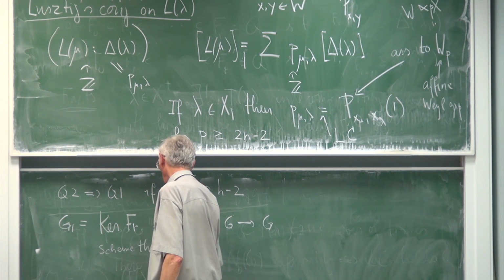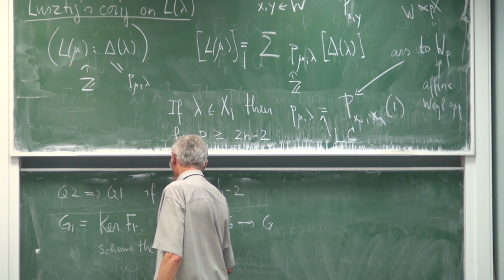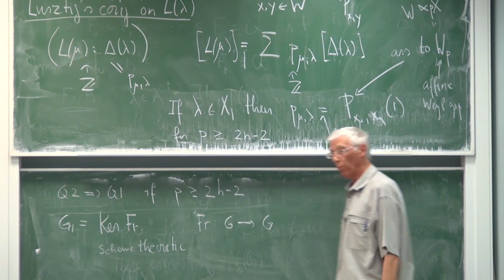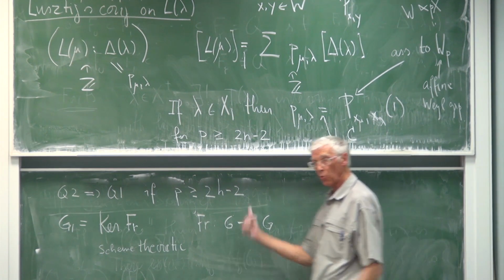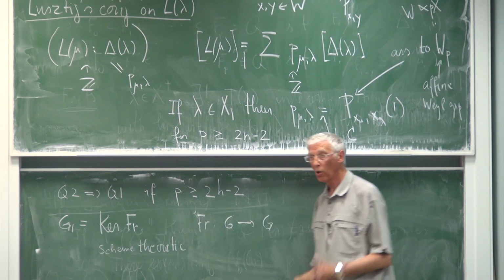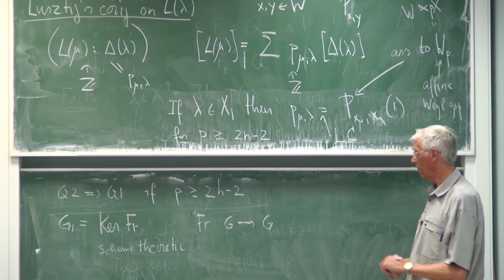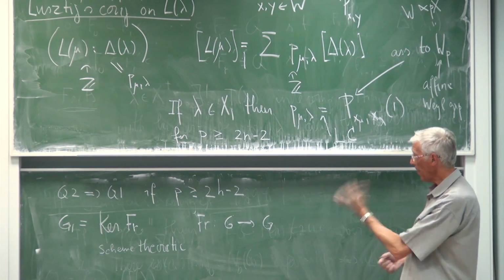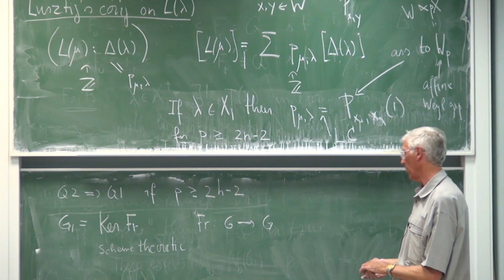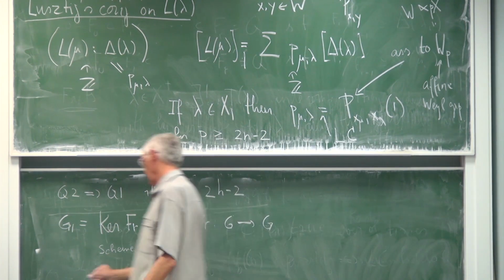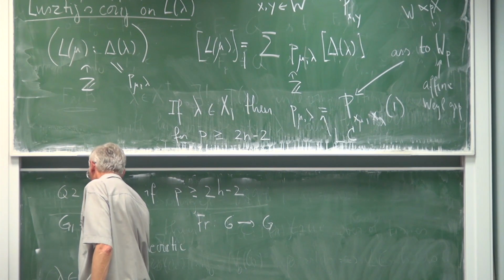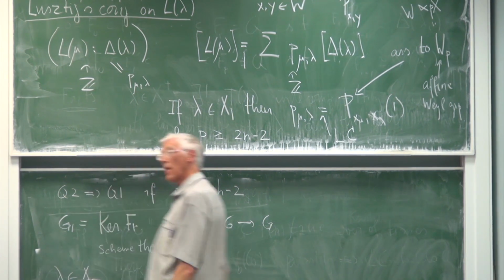So it's what's called an infinitesimal group. Over a field, it has just one point. But over more complicated rings, it may have many points. And it has an interesting representation theory. So again, the elements of X1 play a crucial role.